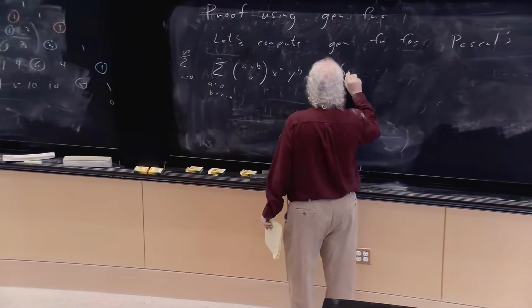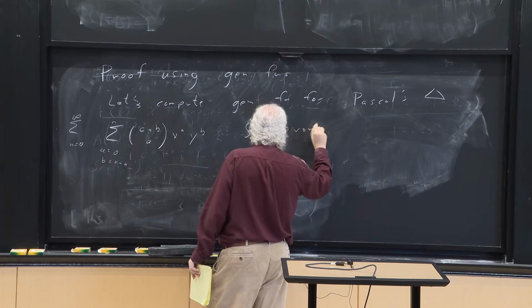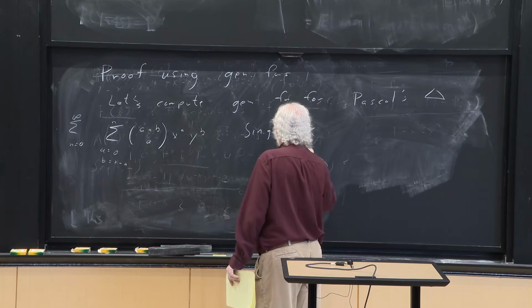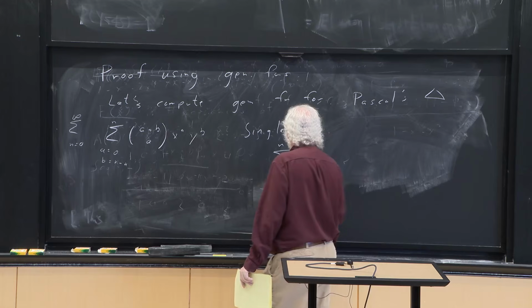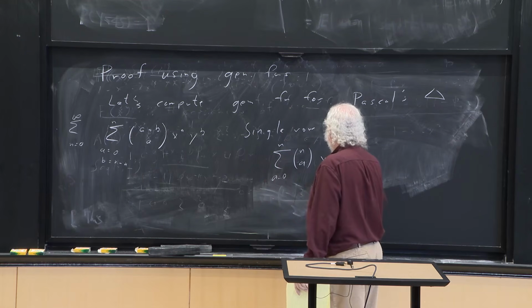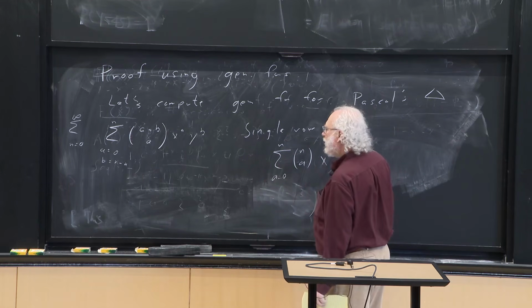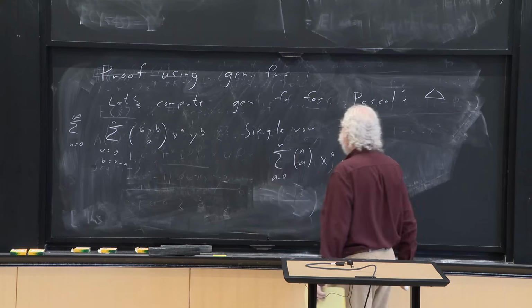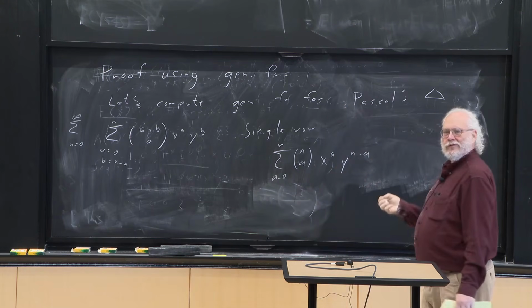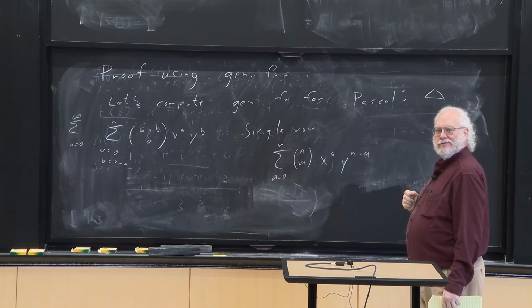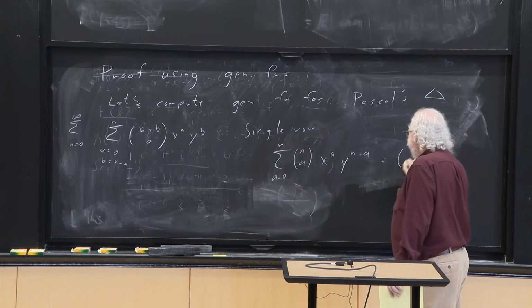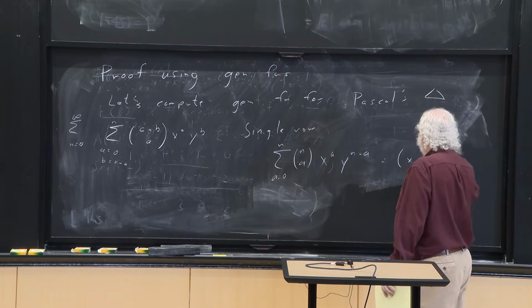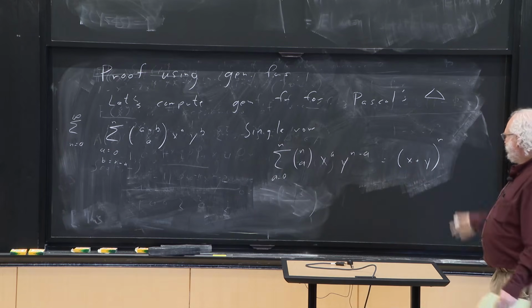So a single row is the sum of n choose a, a equals 0 to n, x to the a, y to the n minus a. Can someone tell me what this is? Yeah. Right. This is x plus y to the n. Good.